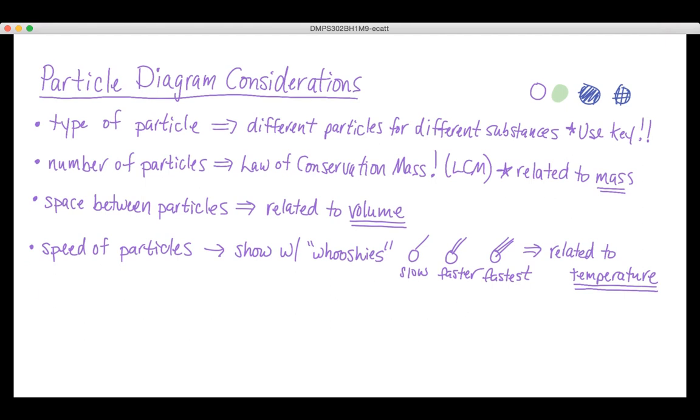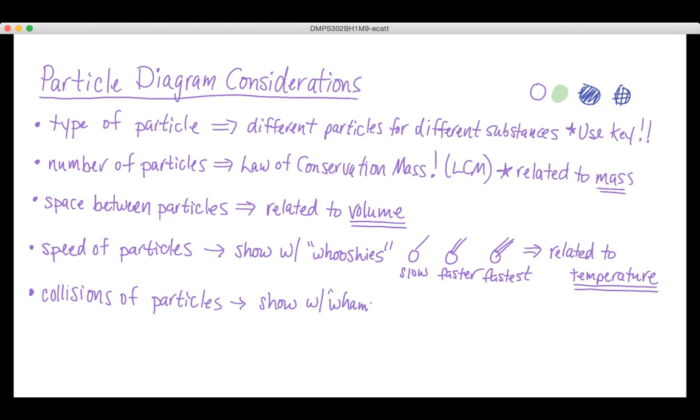Aside from speed of particles, while those particles are moving, they're going to run into one another, and we need to show those collisions of particles. These we show with those whammies, which are going to be our collision lines with the container. So let me put a couple of particles in here.